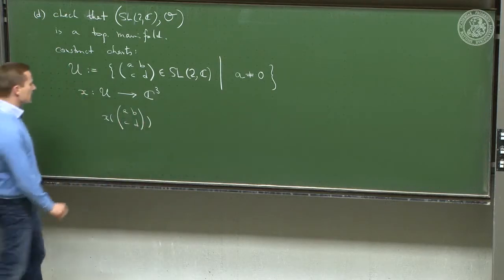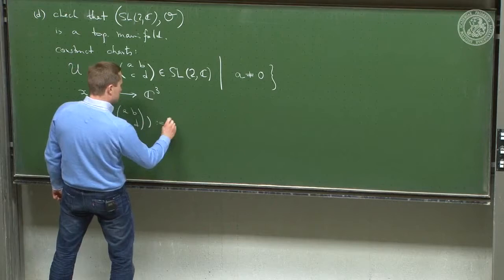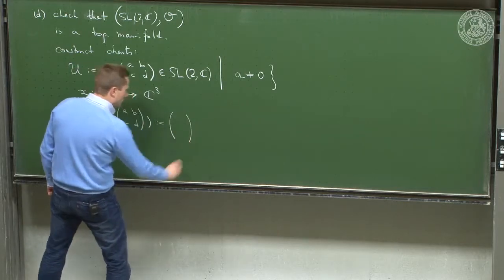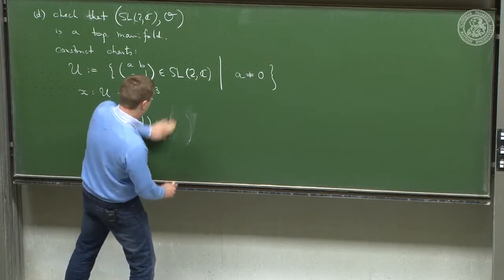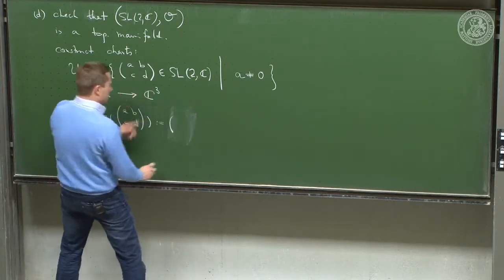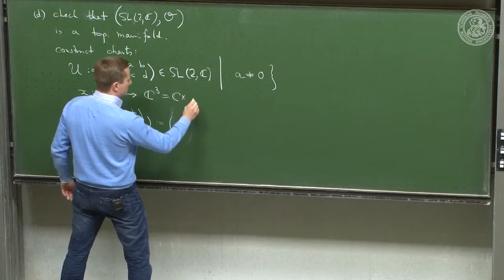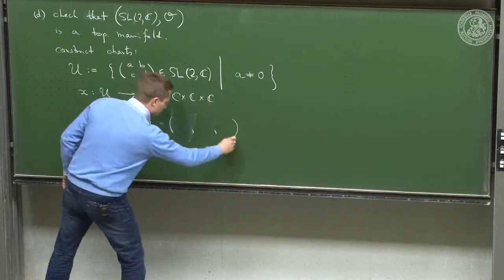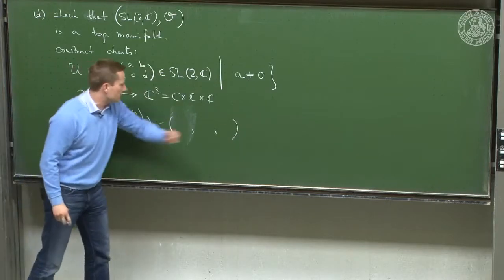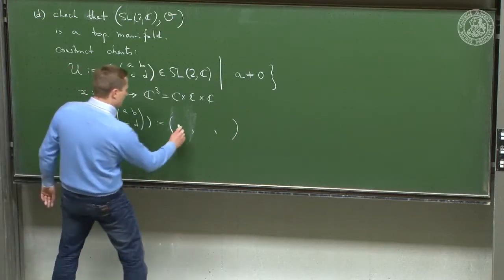X eats such a guy, and I write it down as a 3-tuple in C, C, C Cartesian product, and I choose A, B, C.